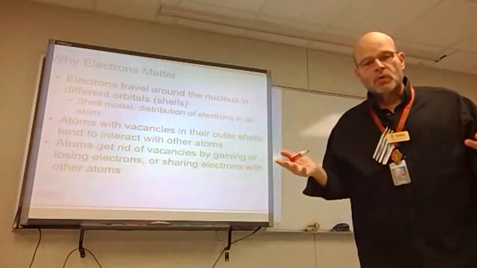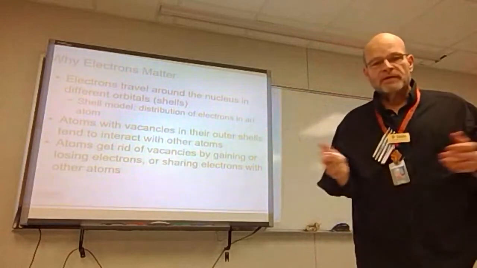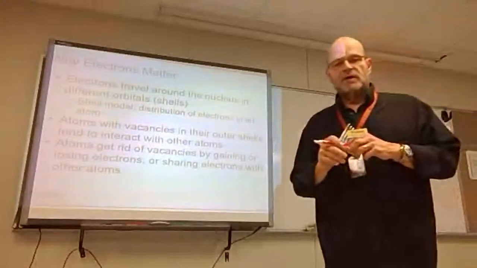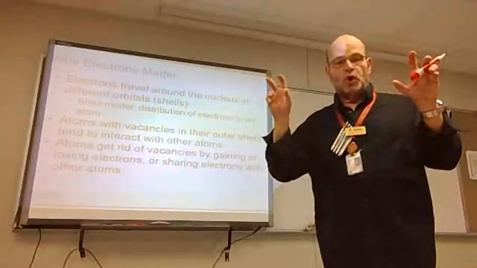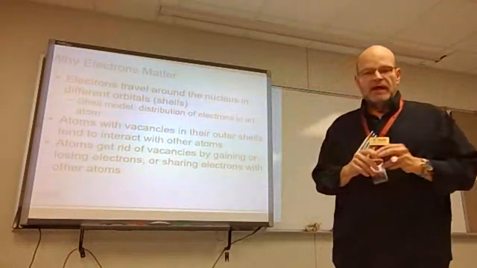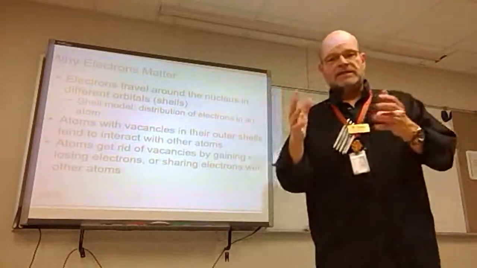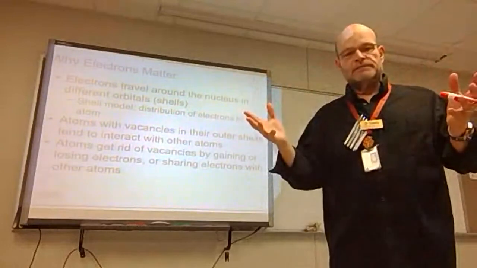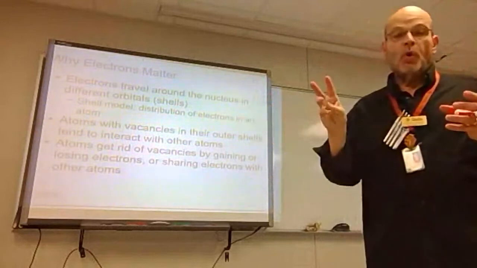As a general rule, when they have 8 electrons, they're considered to be full. So they want to have 8 electrons. So if an atom has 3 in its outer shell, it wants to get rid of those, 1, 2, or 3.